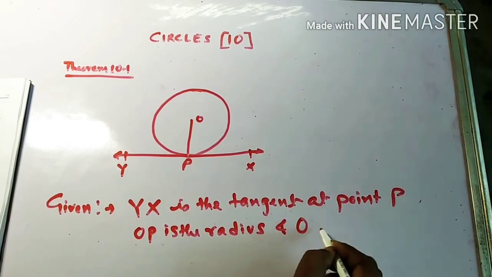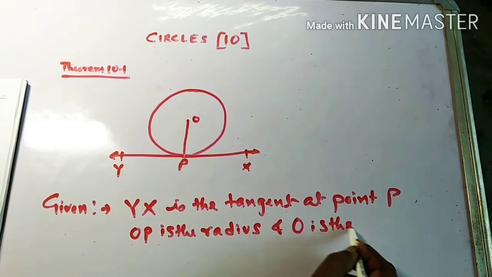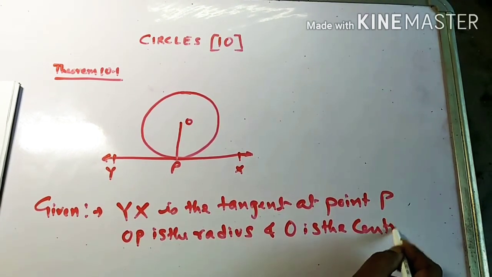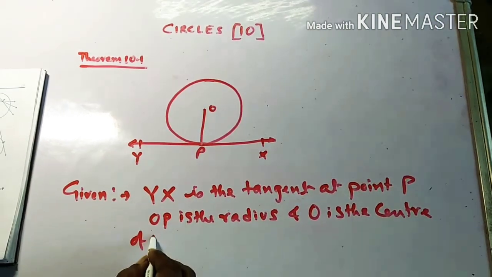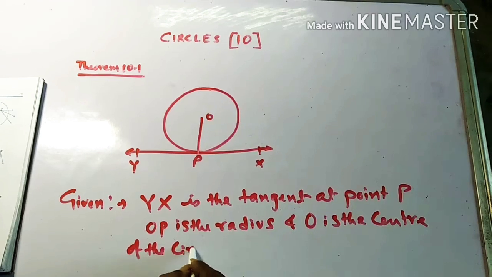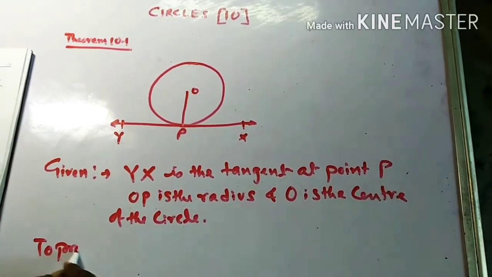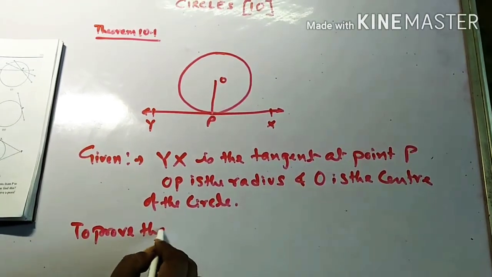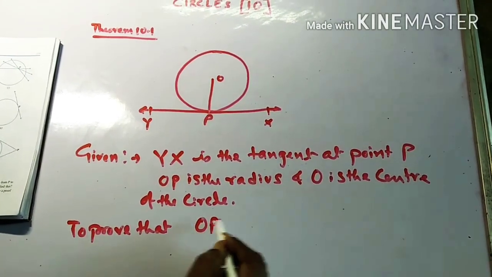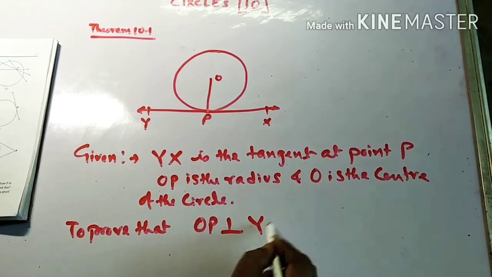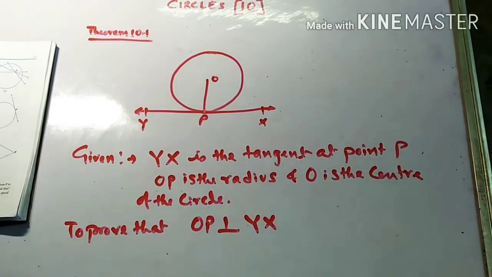And O is the center of the circle. We have to prove that OP is perpendicular to YX.